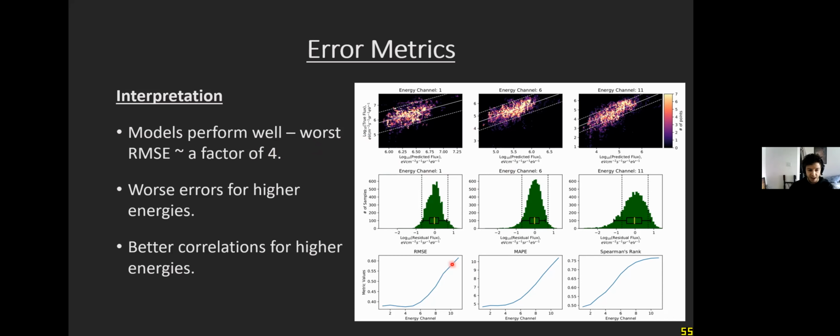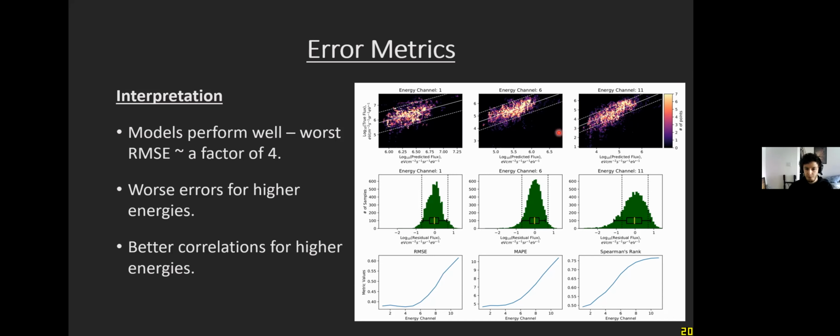We have some plots here talking to these results. So the top row here is for 3 of the energy channels that we're looking at. We plot the true flux on the y-axis and the predicted flux on the x-axis. And you can see there are some white lines on these plots, and those correspond to what would be a perfect prediction. Obviously, we're not quite at a perfect prediction here, but the dashed lines show a factor of 5 error in the prediction.